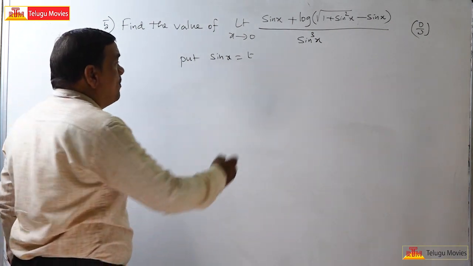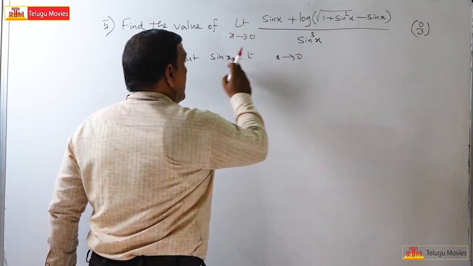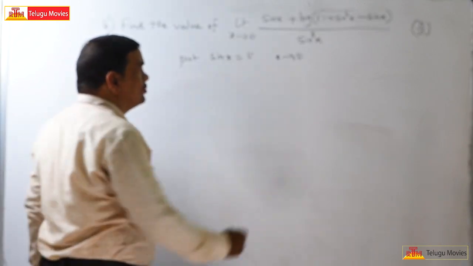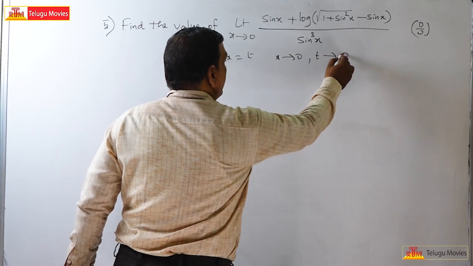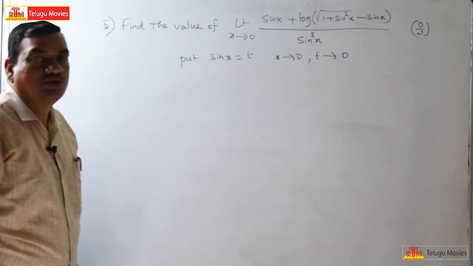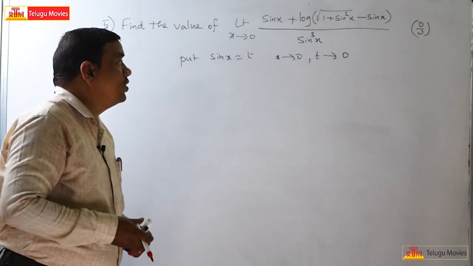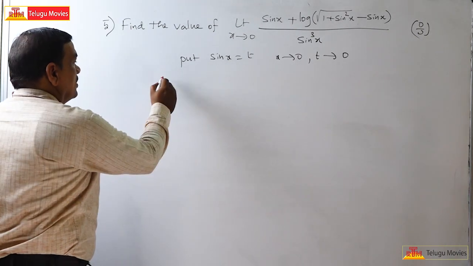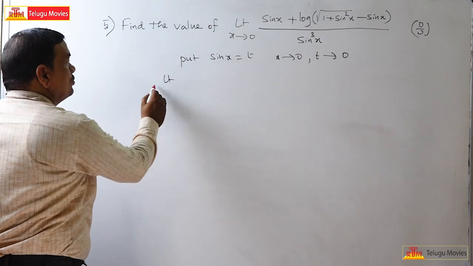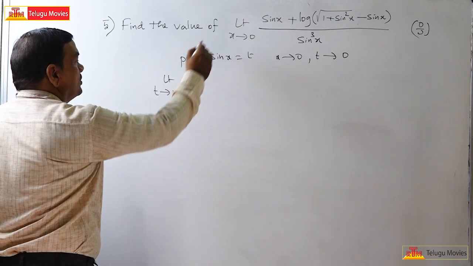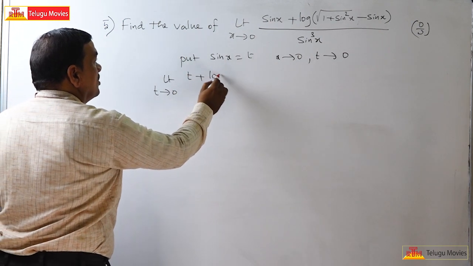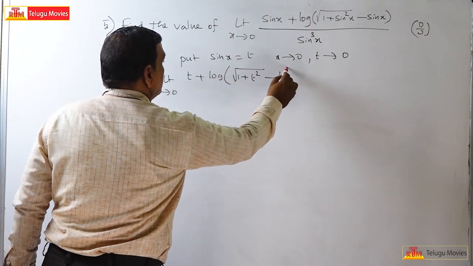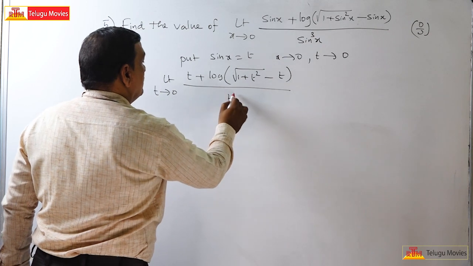As x approaches 0, sin x also approaches 0, therefore t approaches 0. In place of sin x, we put t. So the problem becomes: limit as t tends to 0 of (t + log of root of (1 + t^2) - t) divided by t^3.